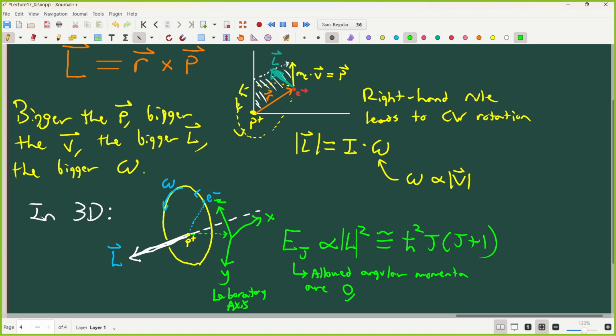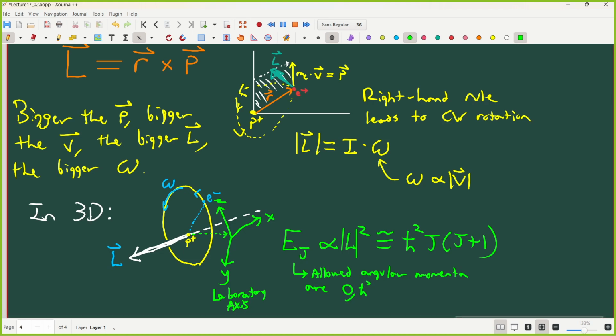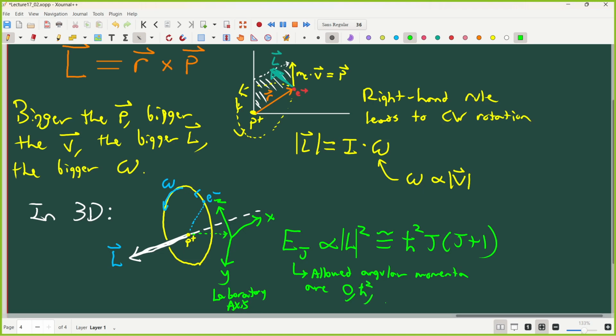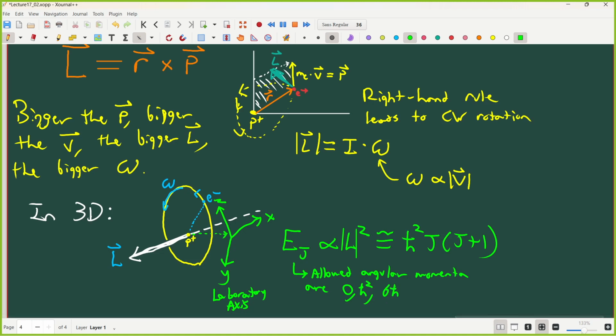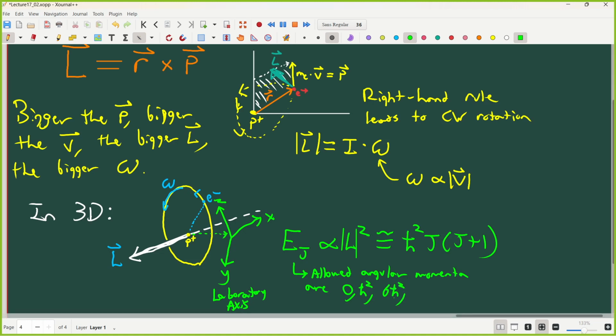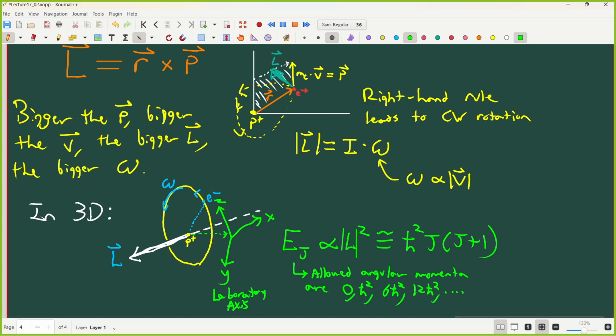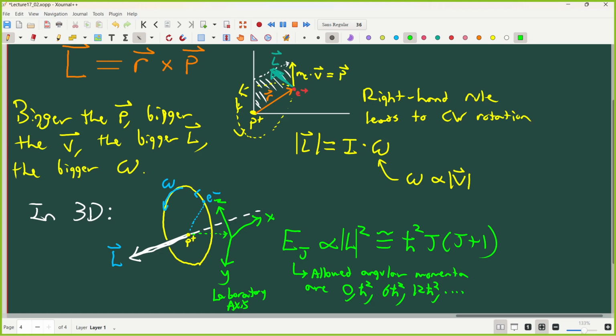If J is 1, that's 1 times 2, 2 h bar squared. If J is 2, that's 2 times 3, that's 6 h bar squared. If J is 3, that's 3 times 4, which is 12 h bar squared. And so on and so forth. These are the only allowed values of the angular momentum of this observation.